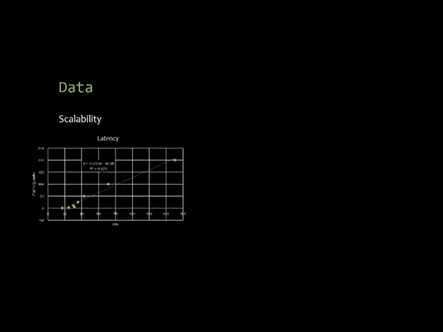Okay, let's talk about some of their data. Scalability. The latency, as you can see, as the number of participants increases, obviously the latency increases. But as you can see, it is relatively linear with a pretty strong correlation.